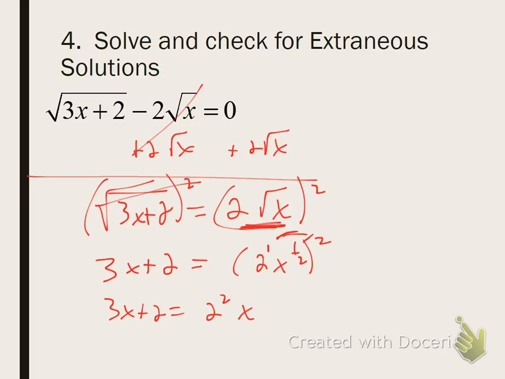In other words, because that 2 is sitting outside the radical, we have to apply or extend that exponent to that number. Okay? So we get 3x plus 2 equals 4x. Subtract 3x and x ends up being 2.